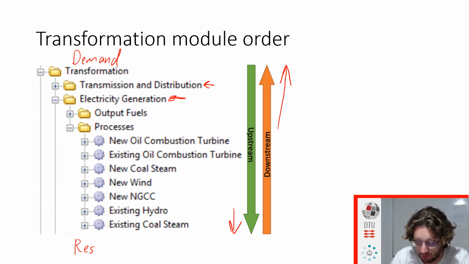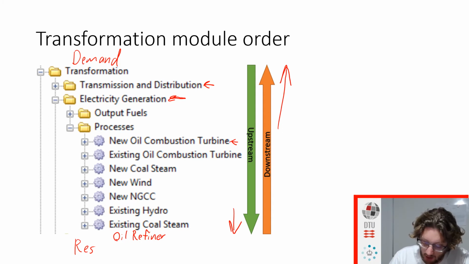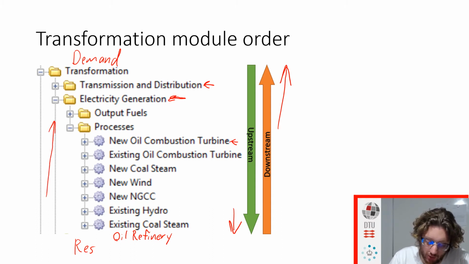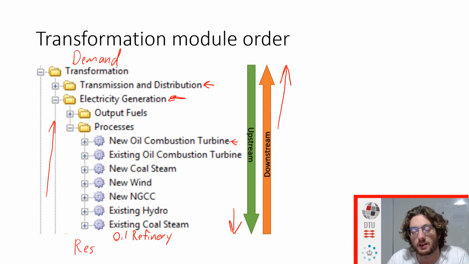And if you have oil combustion, for instance here, you need to have your oil refineries below that physically, because that is further upstream than your electricity generation. So that is a very important concept, that you have the order of your processes correctly. The closer it is to the demand, the more it is being used by the processes above it. That's the way it has to be.